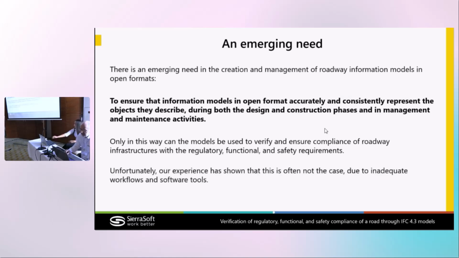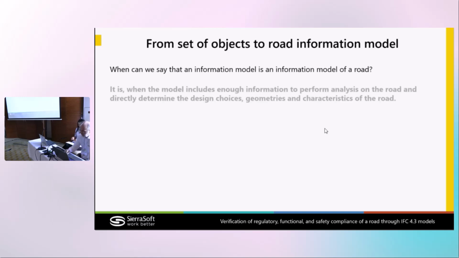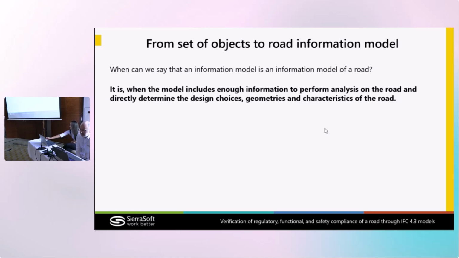Unfortunately, our experience has shown that this is often not the case due to inadequate workflows and software tools. But when can we say that the information model is an information model of a road? It is when the model includes enough information to perform analysis on the road and directly determine the design choices, geometries, and characteristics of the road.